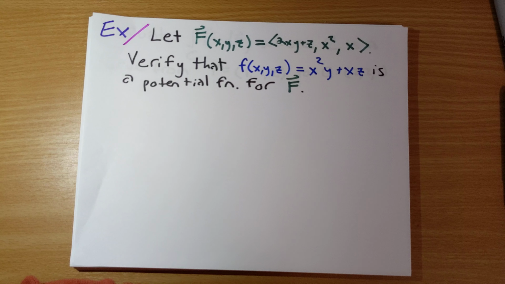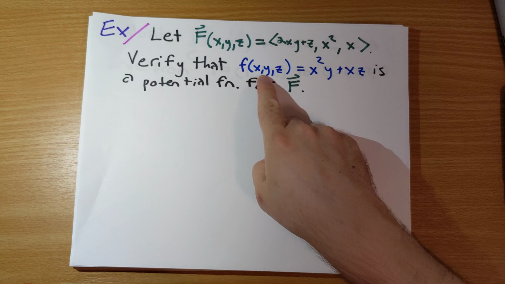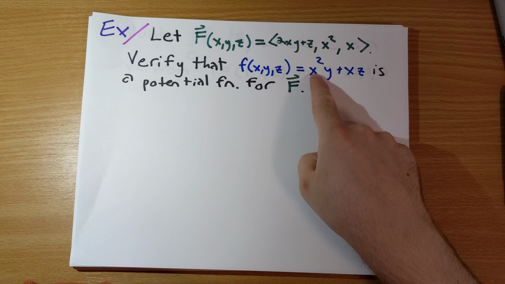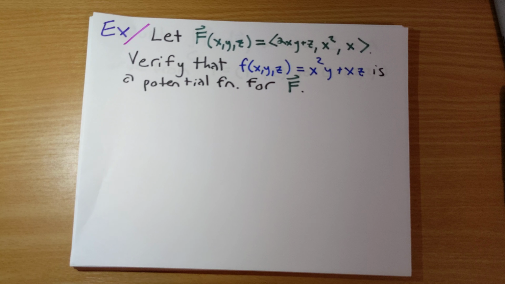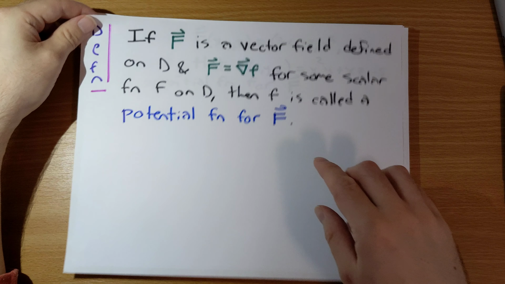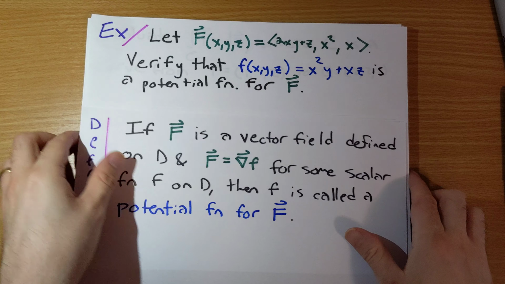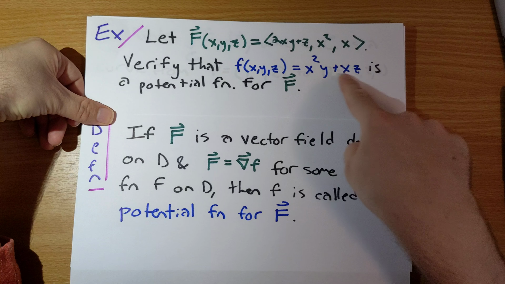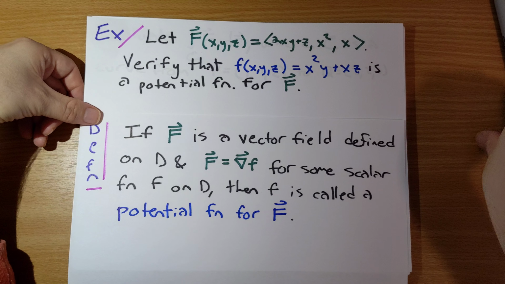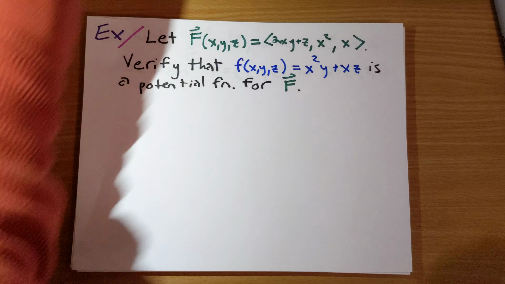The first thing we have to do here is verify that little f of x, y, z equals x squared y plus xz is a potential function for F. Potential function just means we need to show that the gradient of little f gives us big F. That's nothing more than computing the gradient.